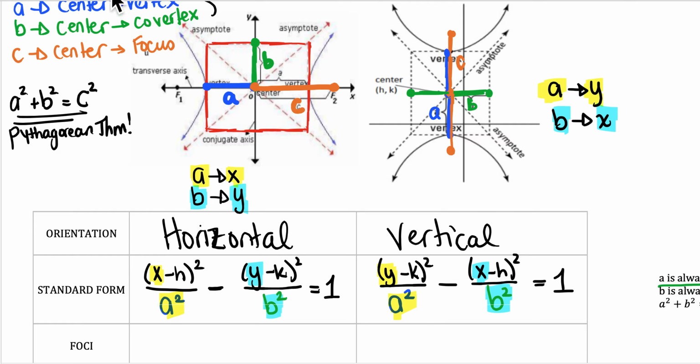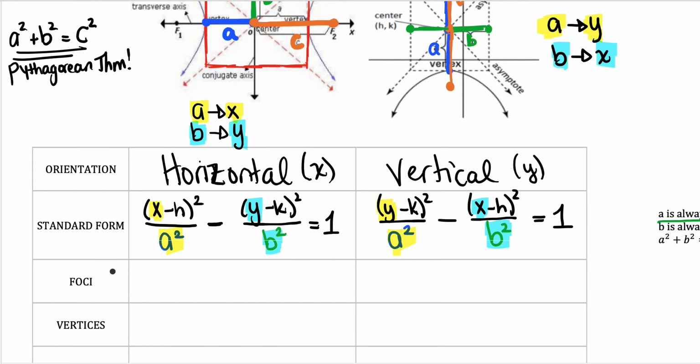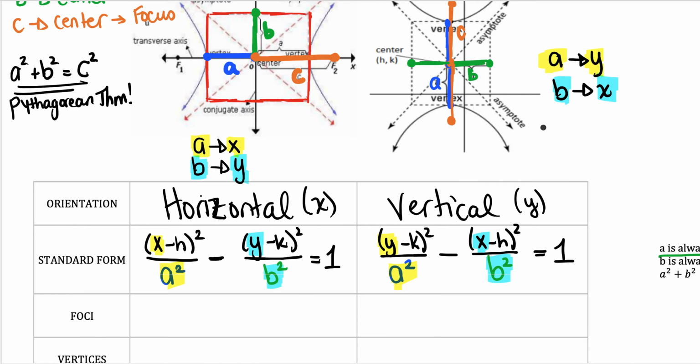So it's really important to notice these patterns, because with my vertical, y is first. Because remember, vertical is y and horizontal is x. So my vertical, y is first. My horizontal, x is first. By the way, with ellipses, a was always bigger.